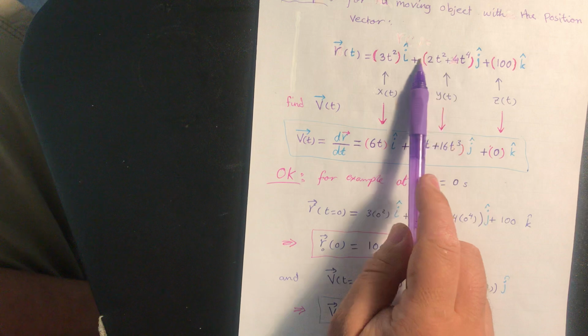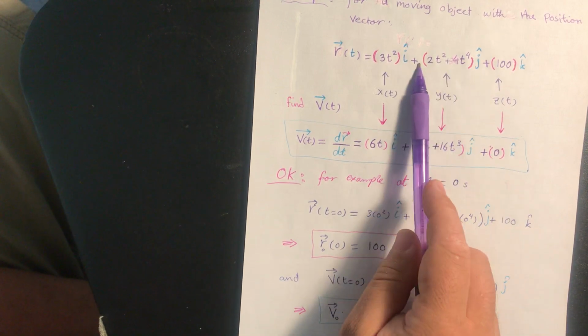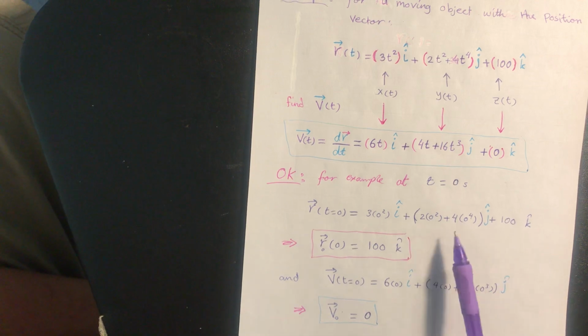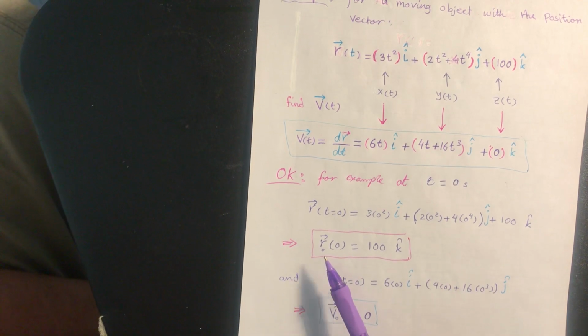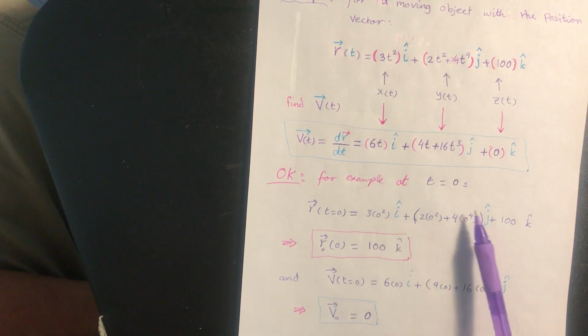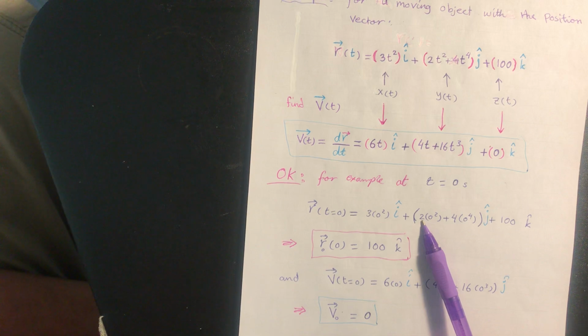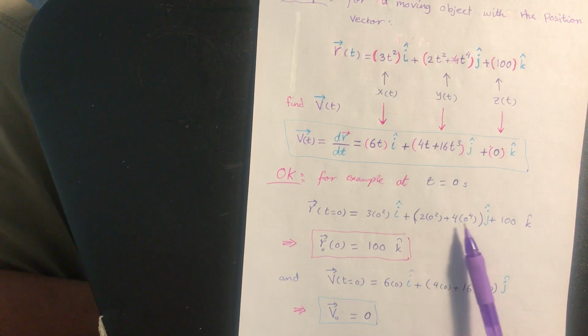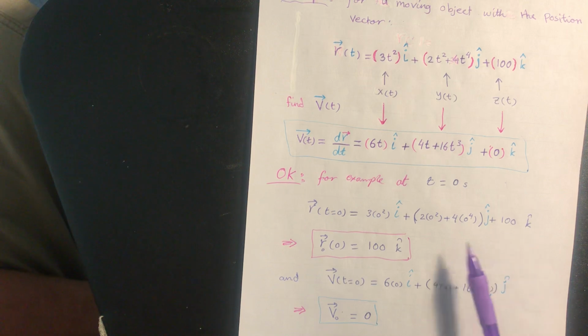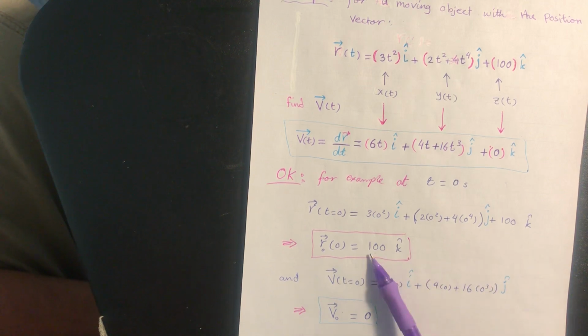If we put 0 in the y component, it will be all 0. And there is no t in the z component. So the position at t equal to 0 is 100 k hat, because the x component and the y component are zeros, but we have 100 in k hat, which is altitude, for example, 100 meters.